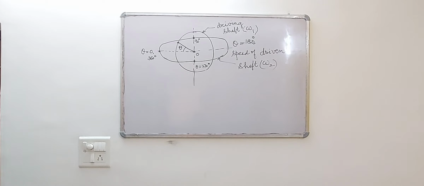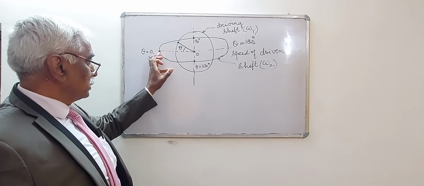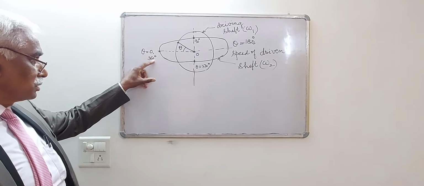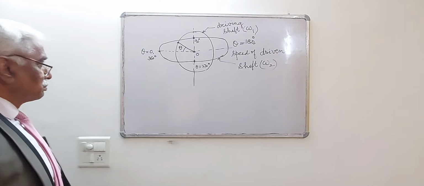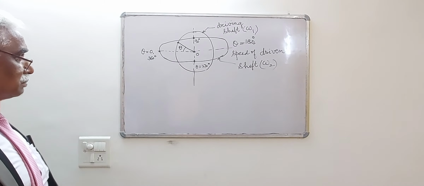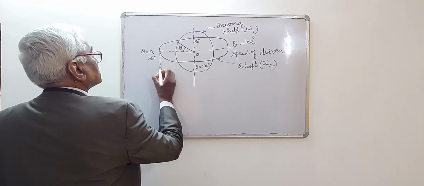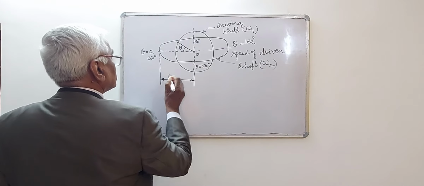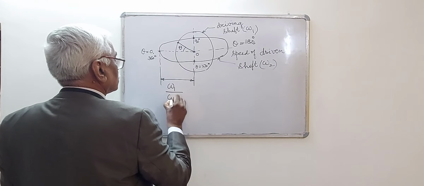You can see from the figure that the speed of the driven shaft, that is omega 2, is maximum when theta is equal to 0, or 360 degree, or 180 degree. The speed of the driven shaft is maximum, and this is the maximum speed, given by omega 1 by cos alpha.